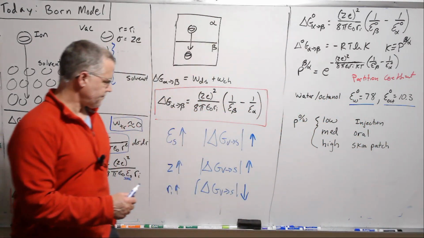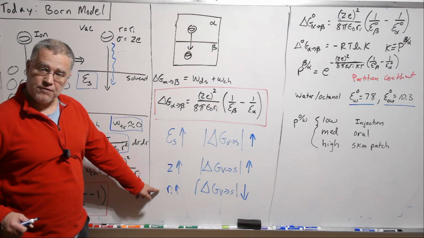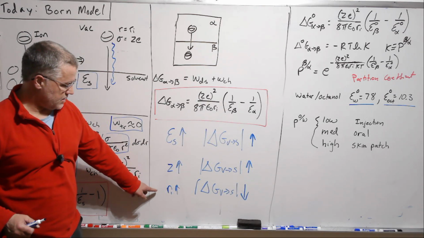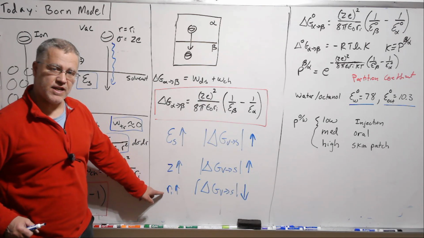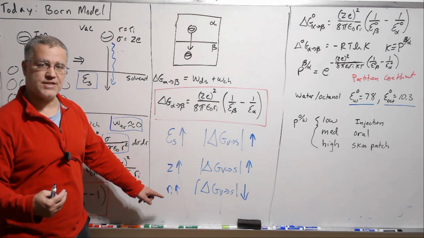So let's say we go from sodium to potassium. It's more favorable to solvate sodium than it is potassium.